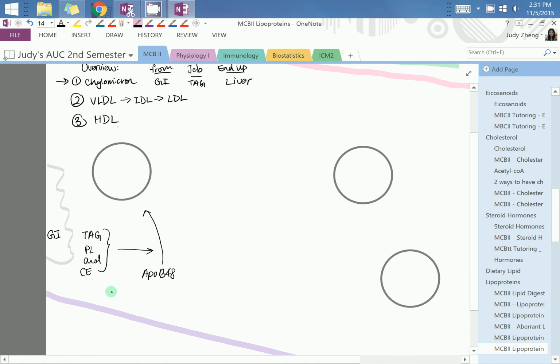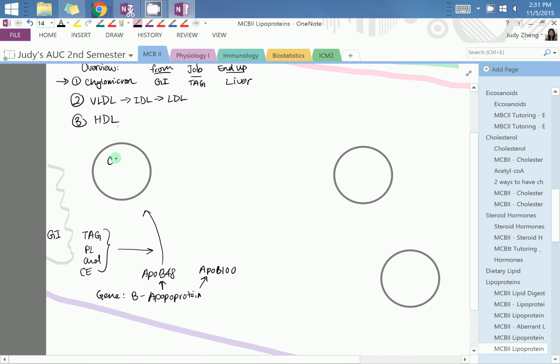ApoB48 came from this B apoprotein gene, and this same gene is capable of making two products. The other one is ApoB100, which we'll talk about later in terms of the VLDL. So for now, we have a chylomicron.